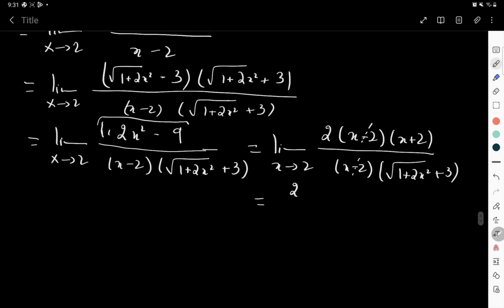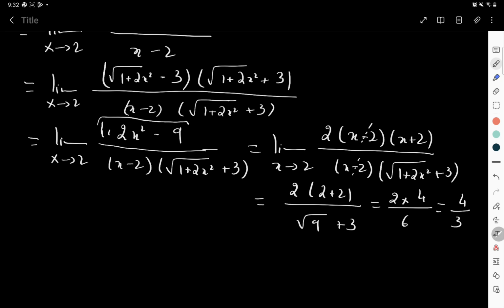So what do you get? You get 2 times 2 plus 2 over square root of 9 plus 3. So you get 2 times 4 over 6. So what is that? This is just 4 over 3.